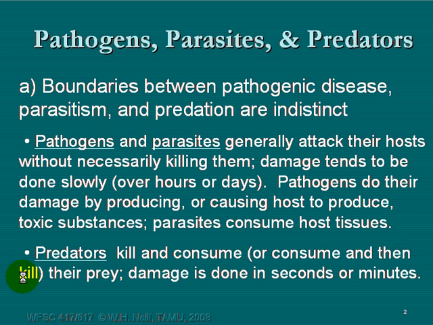I'm not sure that I have a lot of company on this way of looking at it, but I think it's reasonable to think that pathogens and parasites can be distinguished from predators in that they attack at a fairly slow pace and may not actually kill their host. So pathogens and parasites attack without necessarily killing, and the damage tends to be done over periods of hours or days, depending on the system.